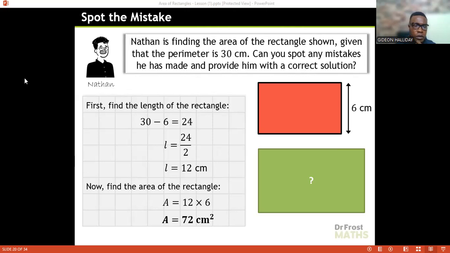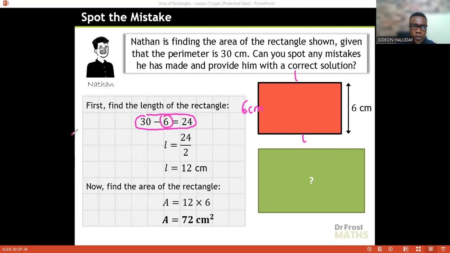Yeah, good try, Nathan. Well done. Now, because there are usually 2 widths and 2 lengths, this also will be 6 centimeters. But Nathan had subtracted only 1. So he should have subtracted 2.